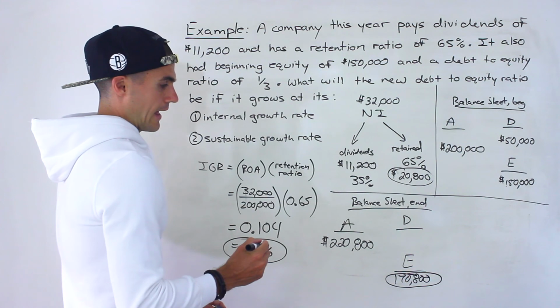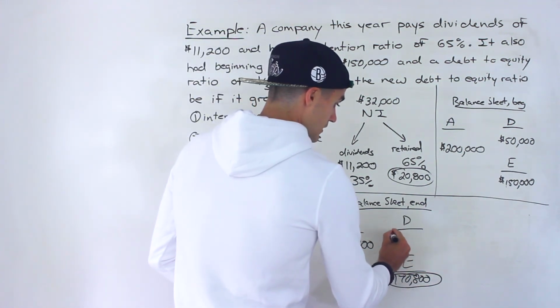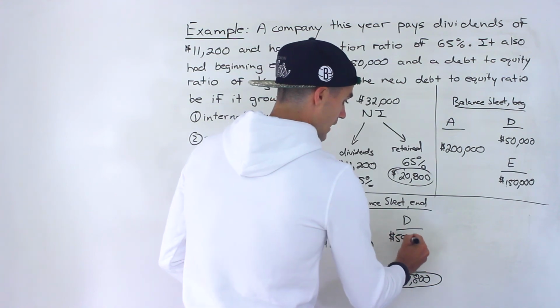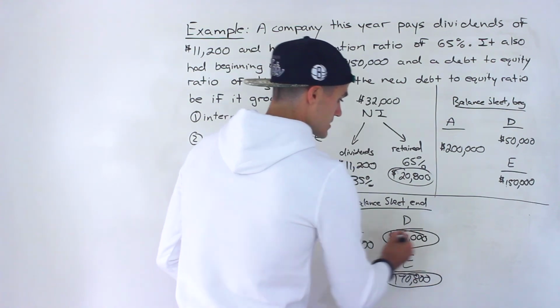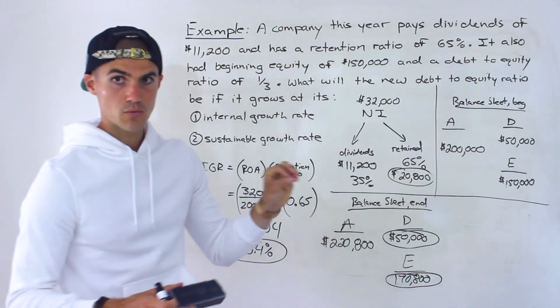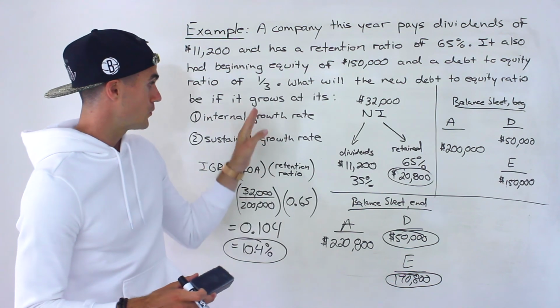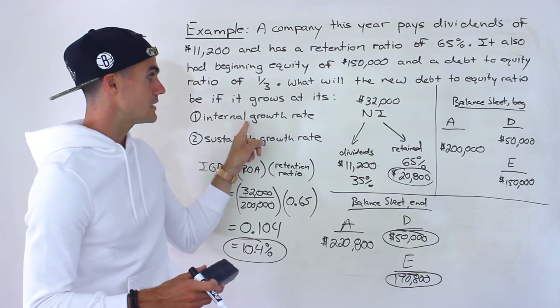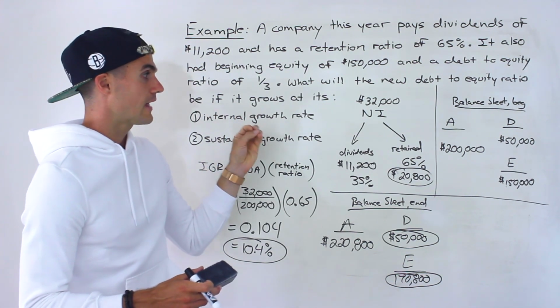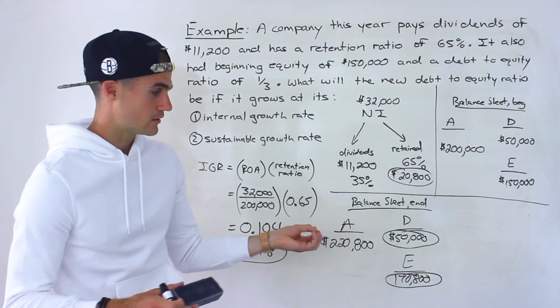Right? And the difference between these is going to be the debt, which is going to be 50,000, and that makes sense. Why does it make sense? Because notice the debt isn't changing, because if you remember from the lecture videos, when we went over the internal growth rate, it means that the company cannot take additional financing externally.